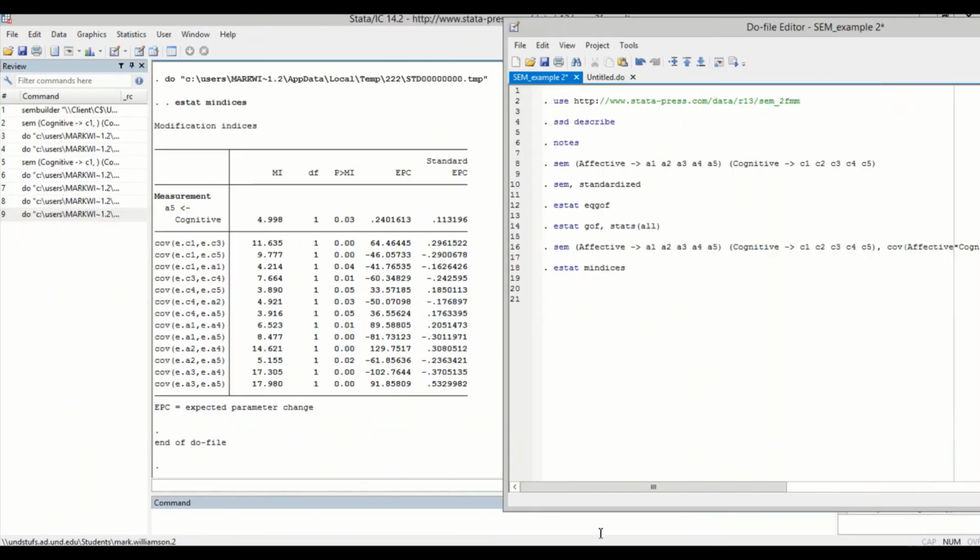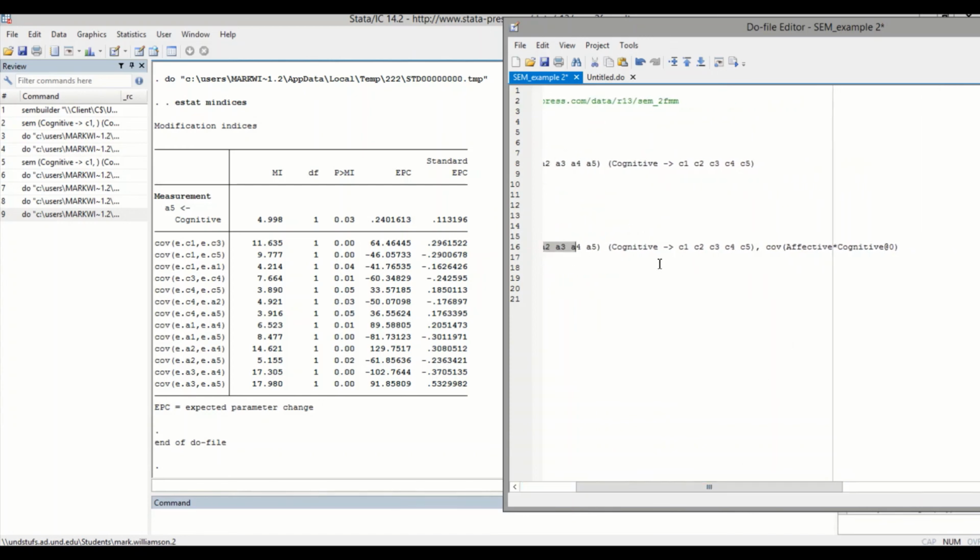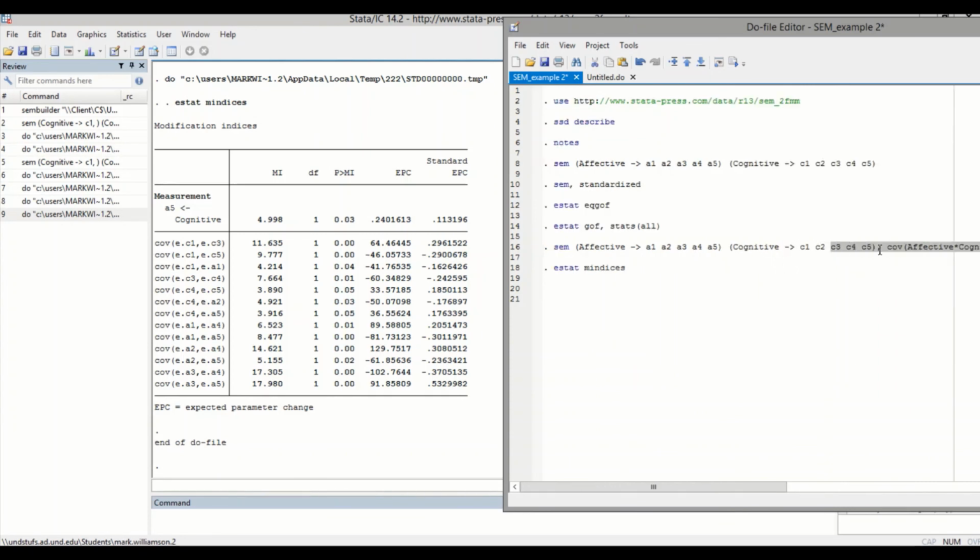But if we want to explicitly add that in the command line, we'd have our model like this. We've seen before, affective, cognitive, and we do covariance, affective times cognitive, and then this at 0. So explicitly, otherwise it'll by default add it. So this will explicitly take it out. So let's run that, and then we'll run modification indices.